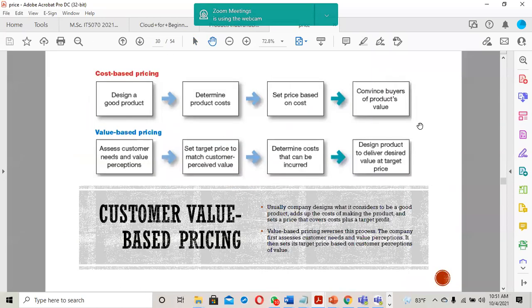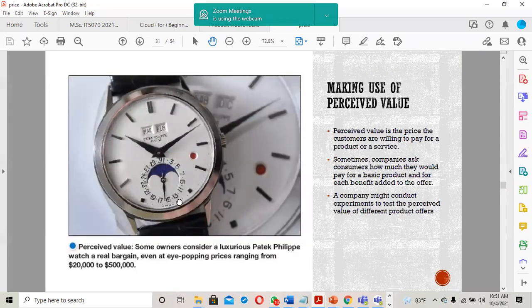So continuing from that point onwards, we talked about perceived value. Perceived value might not be how much the product is actually worth. It is the idea the customer has about the product in his or her mind. So sometimes it is much higher than the cost of the actual product.